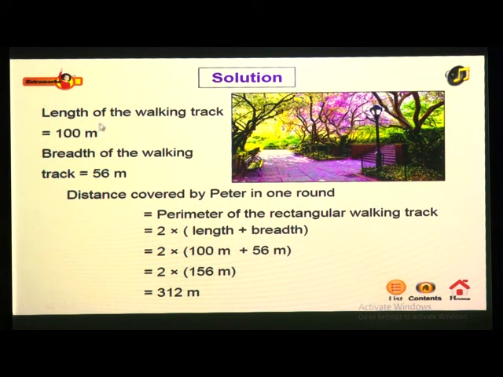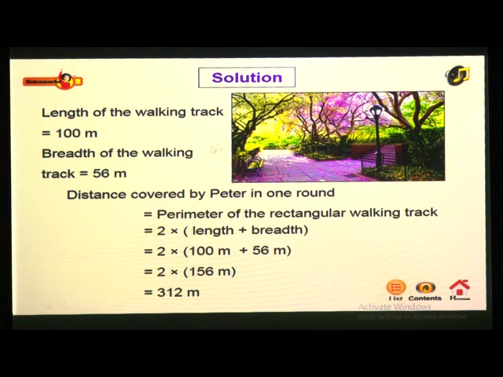See here, length of the walking track is equal to 100 meter. First of all, while solving this type of word problem, we need to write whatever we have. In the question itself, they have given us the length of the walking track as 100 meter and the breadth of the walking track as 56 meter. Now, we have to find the distance covered by Peter in 1 round.